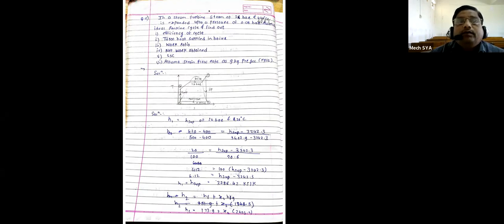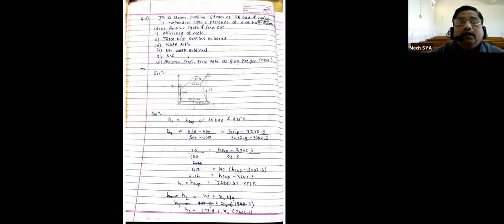So in a steam power plant, in a steam turbine, steam at 24 bar and 420 degrees Celsius is expanded up to a pressure of 0.08 bar. Assume ideal Rankine cycle and find out efficiency of cycle, total heat supplied, work ratio, net work obtained, and specific steam consumption. Assume steam flow rate as 9 kg per second.